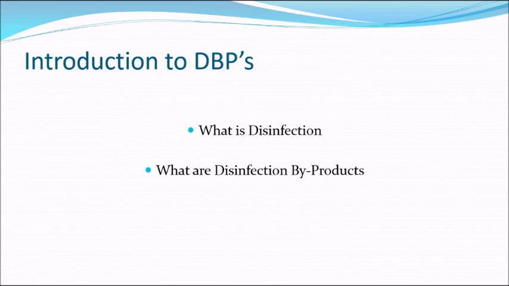Whilst the sterilization of all microorganisms is preferable, it is not necessary in disinfection. There are many forms of disinfection processes used around the world, including mechanical, physical, chemical, and UV treatments.